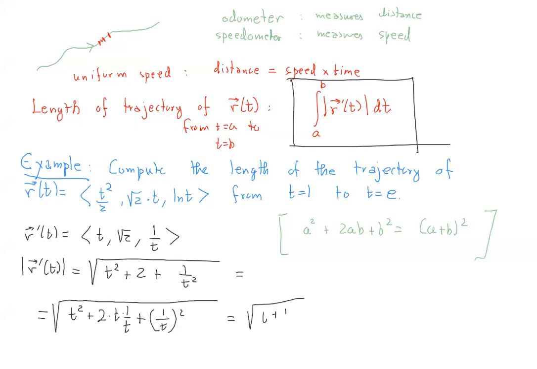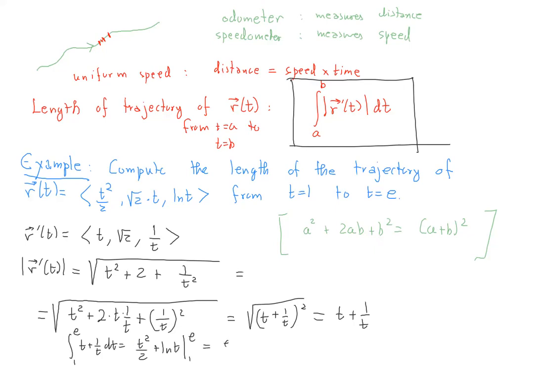And here this will end up being t plus 1 over t all squared. Eventually the square root cancels with the square, giving you t plus 1 over t. And what you need is the integral from 1 to e of t plus 1 over t dt, which is t squared over 2 plus ln of t. I don't need the absolute value because I'm over a positive interval.